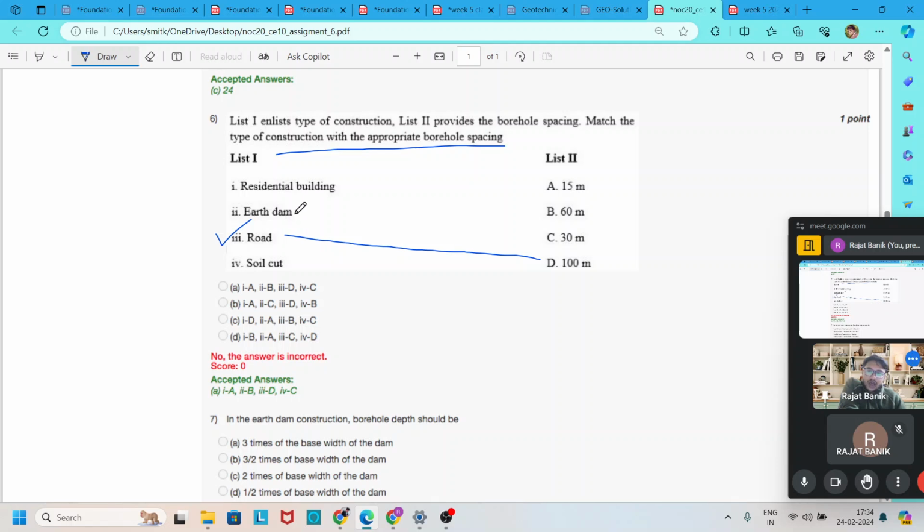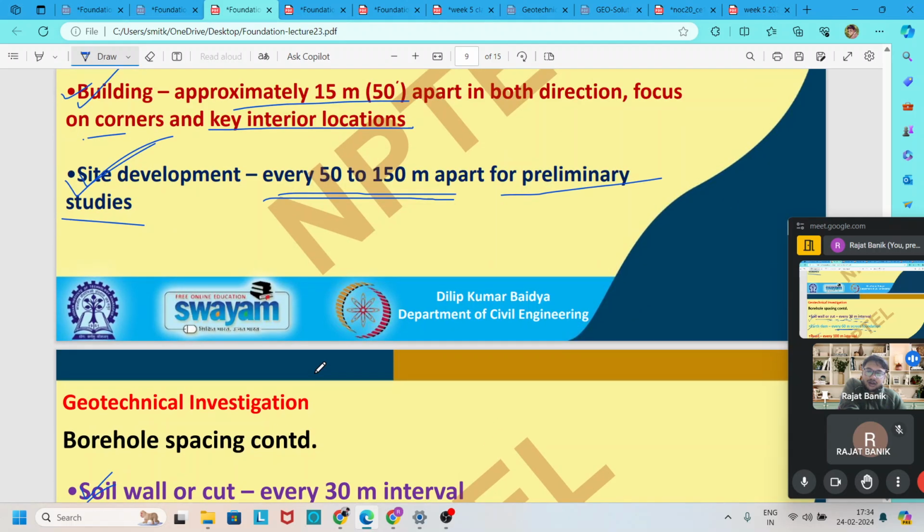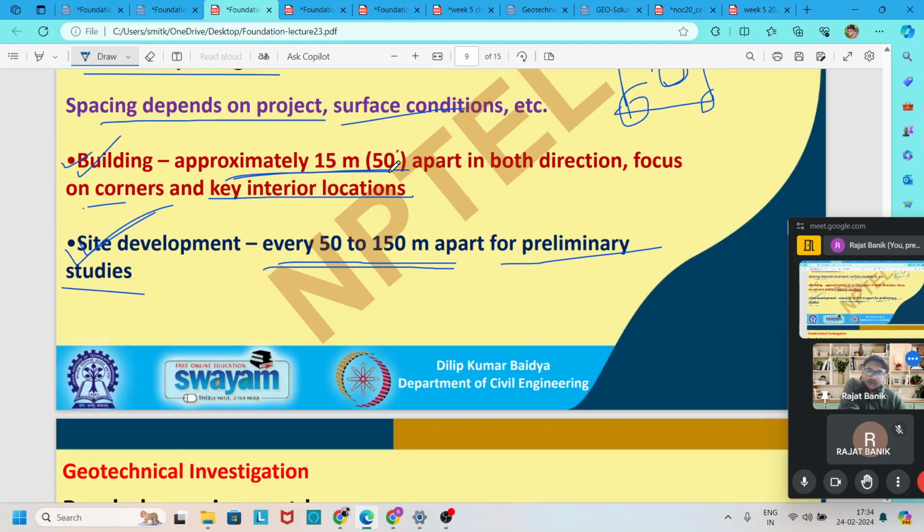We know that for earth dam it is 60 meter, for residential building it is 15 meter, and for soil cut it is 30 meter. So I think it is correct. Again we have to check. Yes, earth dam is 60 meter, soil cut is 30 meter, road is 100 meter, and building is 15 meter.